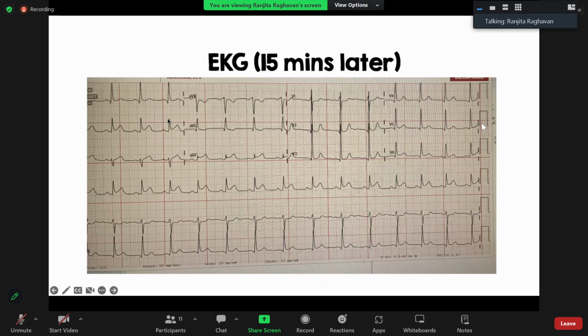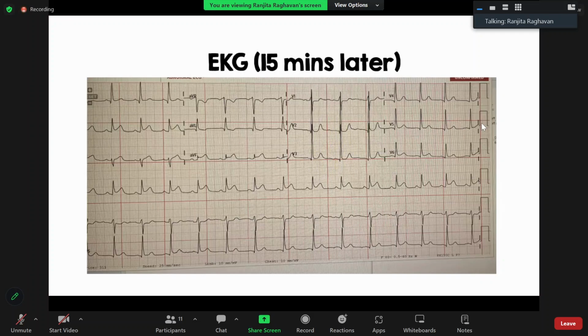This case was picked out already beforehand, but I happened to have a patient that had an inferior STEMI yesterday. So these EKGs are actually from my patient. At our hospital, we call a code STEMI.